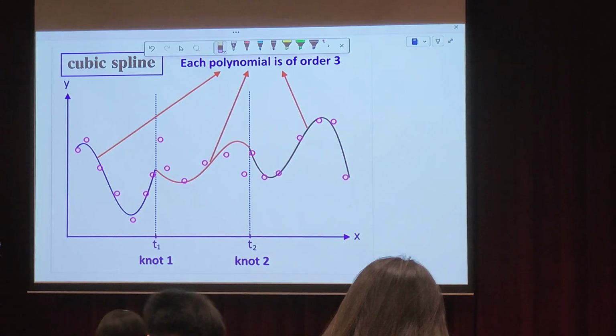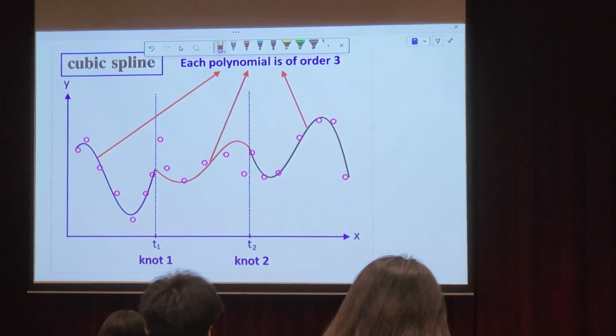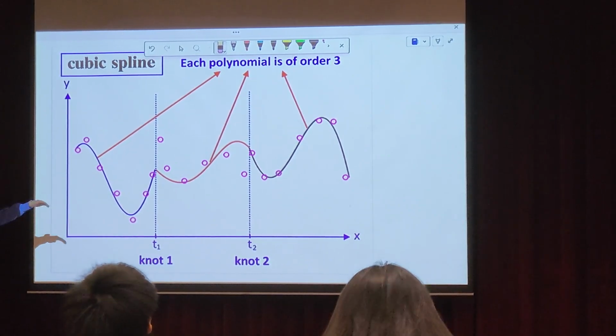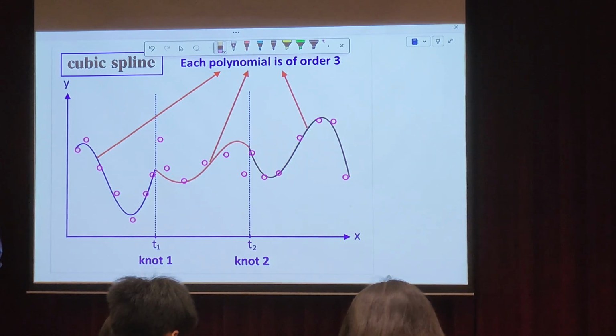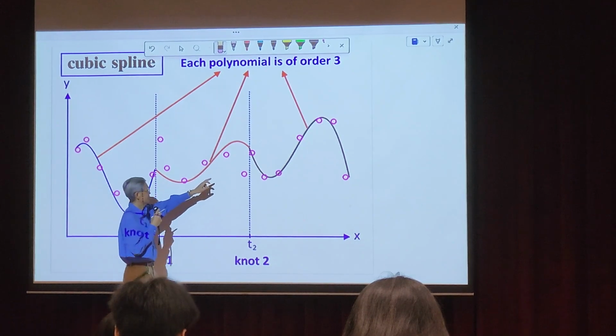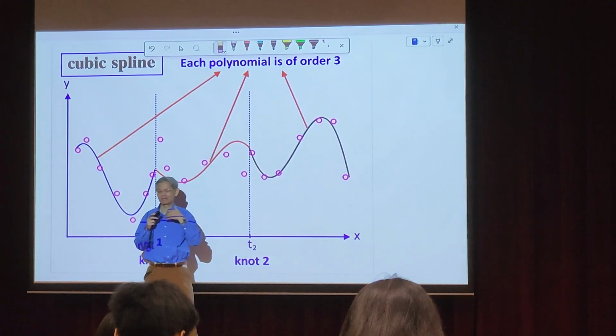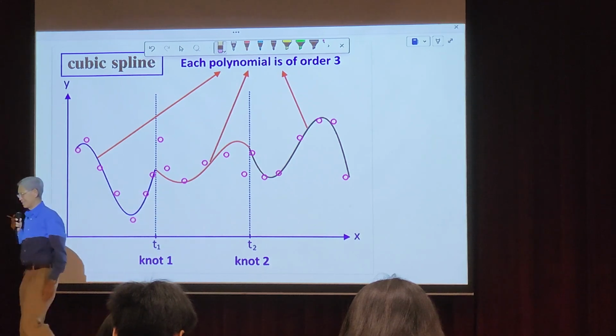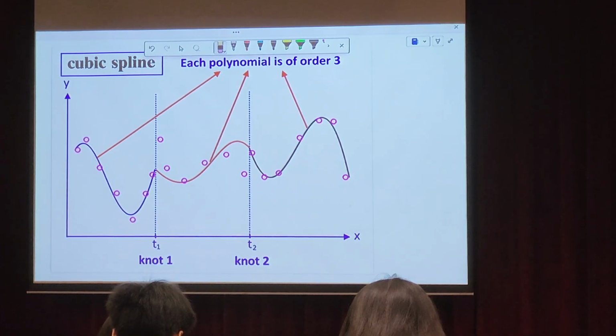Okay? So, let me state my objective clearly. I want to fit 3 polynomials in the 3 segments such that they are continuous at the knot. That's my criteria. Okay? So how do we do that?